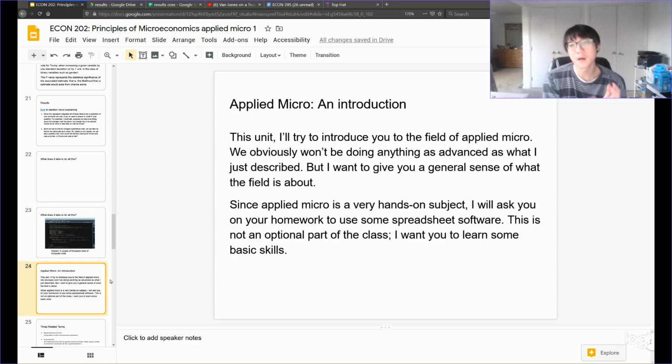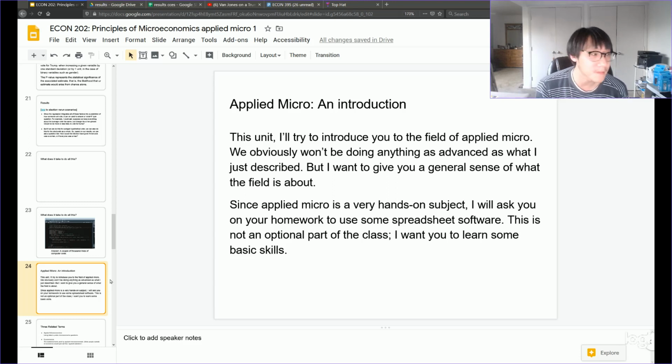Now, obviously, over the course of this unit, we're not going to be doing anything quite as advanced as what I just described. Okay, but nonetheless, I wanted to give you a sense of what the field is all about. And because applied microeconomics is such a hands-on subject, I'm going to ask you in a lot of the homework to be working in some kind of spreadsheet software, particularly Google Sheets.